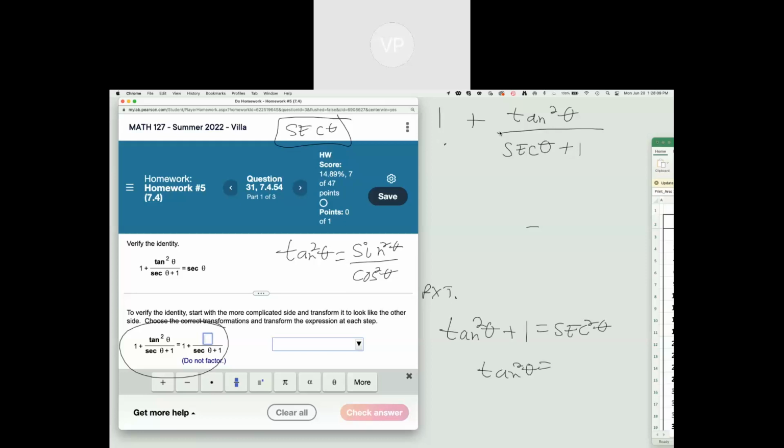Therefore, I can replace tangent square with secant square theta minus 1. That would be a good first step. And if you're already looking down a couple steps after this, you might see what we're going to do next. Okay, but this is what I'm going to go with here. Secant square theta.